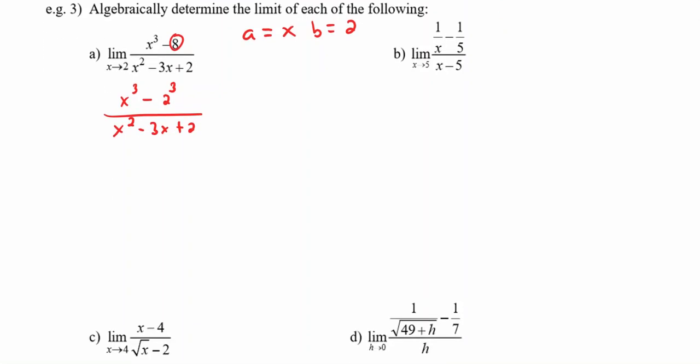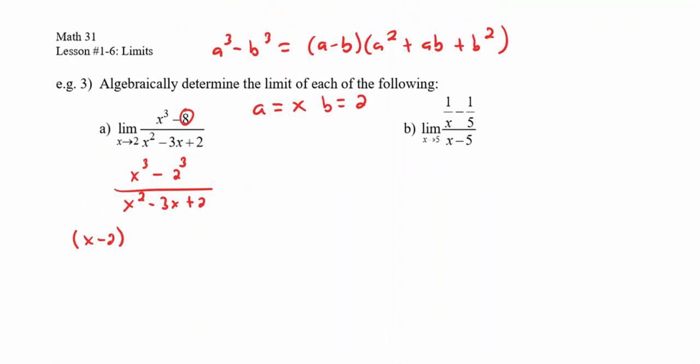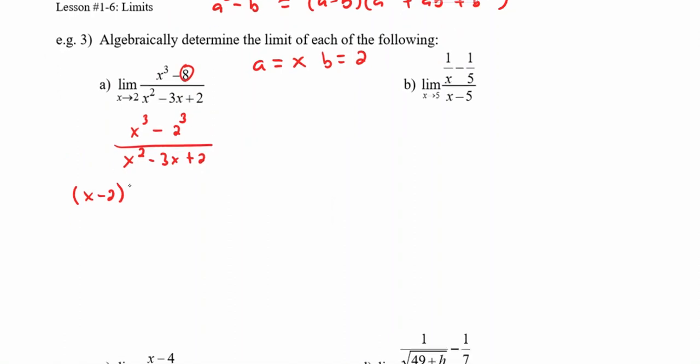And then we'll factor the top now. So the top here would be the same thing as x minus 2, just a minus b, times x squared plus 2x plus 4, because that's 2 squared for the last one. Okay, so there. That's the factored version of that difference of cubes.